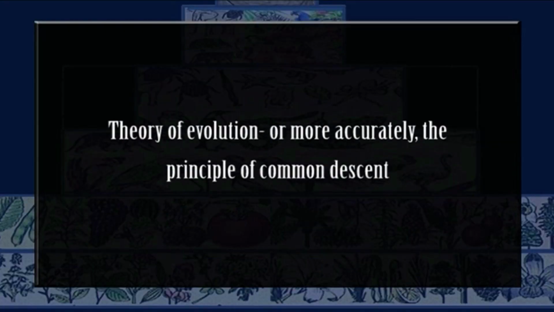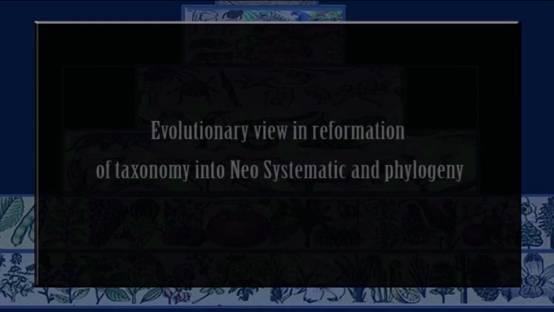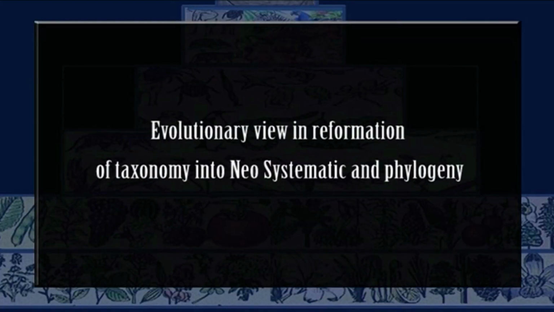During the last 150 years, the theory of evolution, or more accurately the principle of common descent, has steadily increased its contribution to taxonomy's theoretical foundation. After surviving the revolution brought about by acceptance of the evolutionary view in the reformation of taxonomy into new systematics and phylogeny, the Linnaean hierarchy is being questioned.